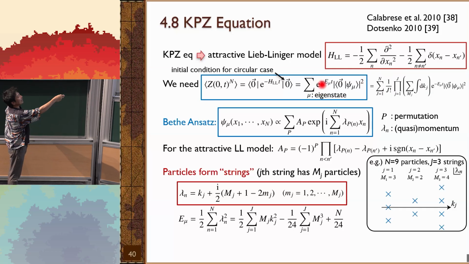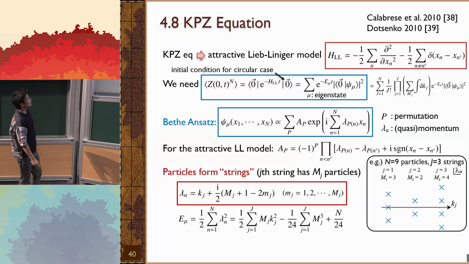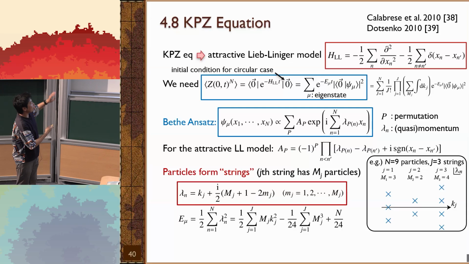Okay, and we need the energy for each eigenstate. It is straightforward to compute the energy by using this plane wave-like solution and the Hamiltonian. So the energy is just the sum of lambda squared because of the kinetic energy term. And lambda is given by this form, so it looks like this. Now we notice, this E is the energy.